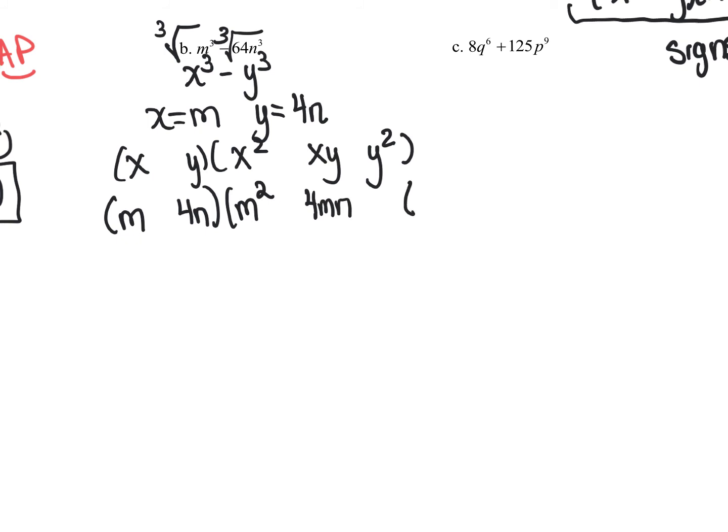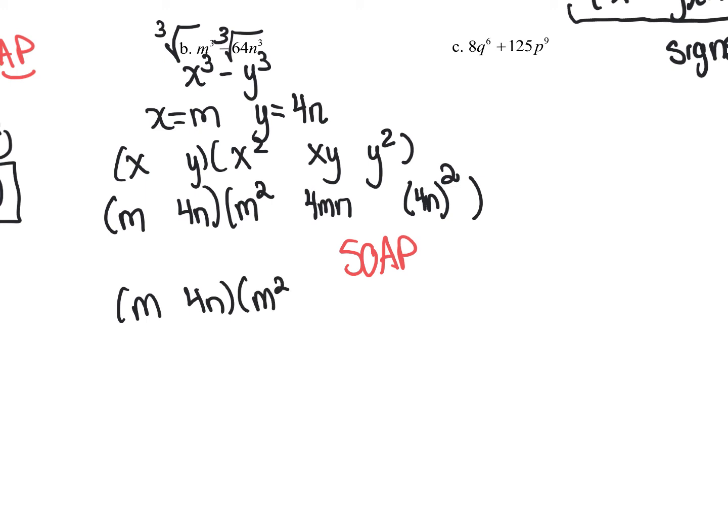At the end down here, be very careful. We have to write 4n, and the whole thing needs to get squared. And then we have to SOAP. Let's write this one more time. I'm going to have m, 4n, m squared, 4mn.